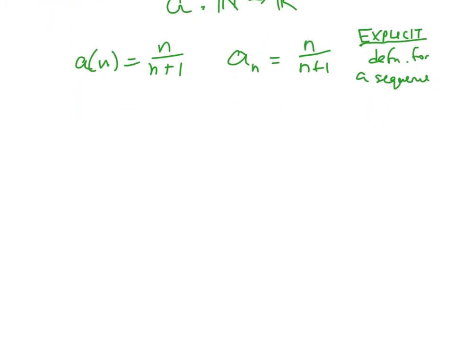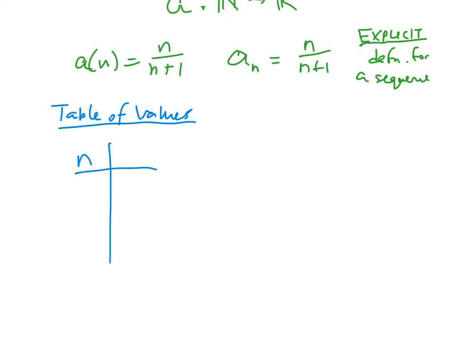So one of the things is we could make a table of values, just like we would make a table of values for some other kind of function. But we could create a table of values by listing out some possible inputs n, and their corresponding outputs a sub n. So for example, we might list out the first 4 or so terms of the sequence.